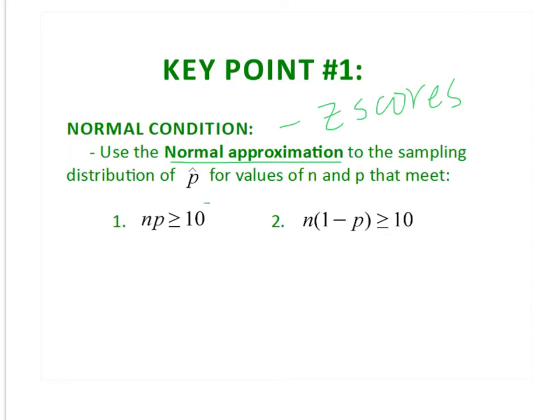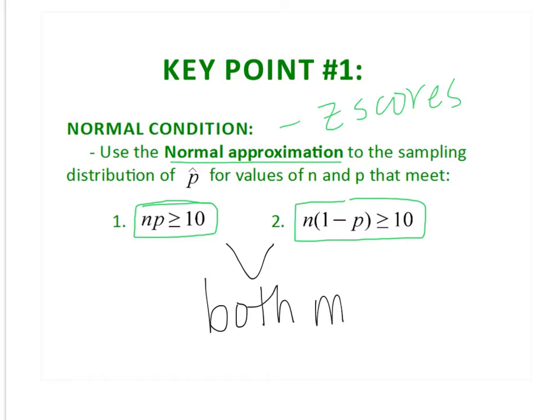So my sample size times P is greater than or equal to 10, and the sample size times 1 minus P is greater than or equal to 10. Both have to work. Both must work in order for us to use z-scores.